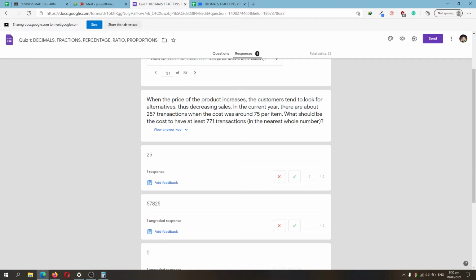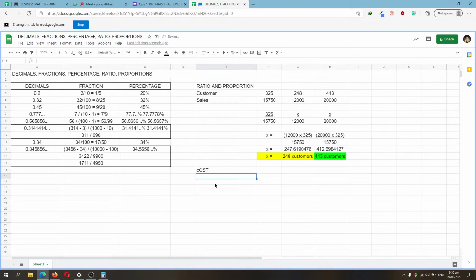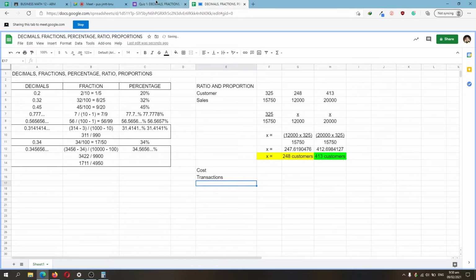So, in the current year, there are about 257 transactions. Dito naman tayo sa tinatawag natin na yung cost. Yung cost natin, yun ang ating input. Tapos, meron tayong transactions. Okay?